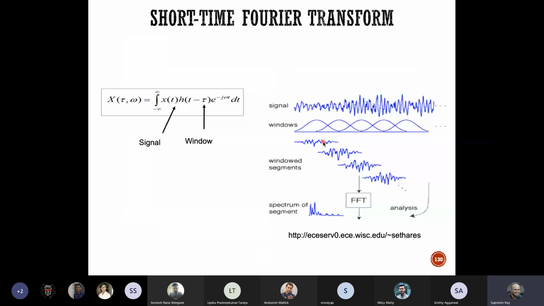So you are looking at different parts of the signal and computing its FFT to get the filter along the y-axis. That's the frequency axis. So changing tau will translate the filter along the time dimension.